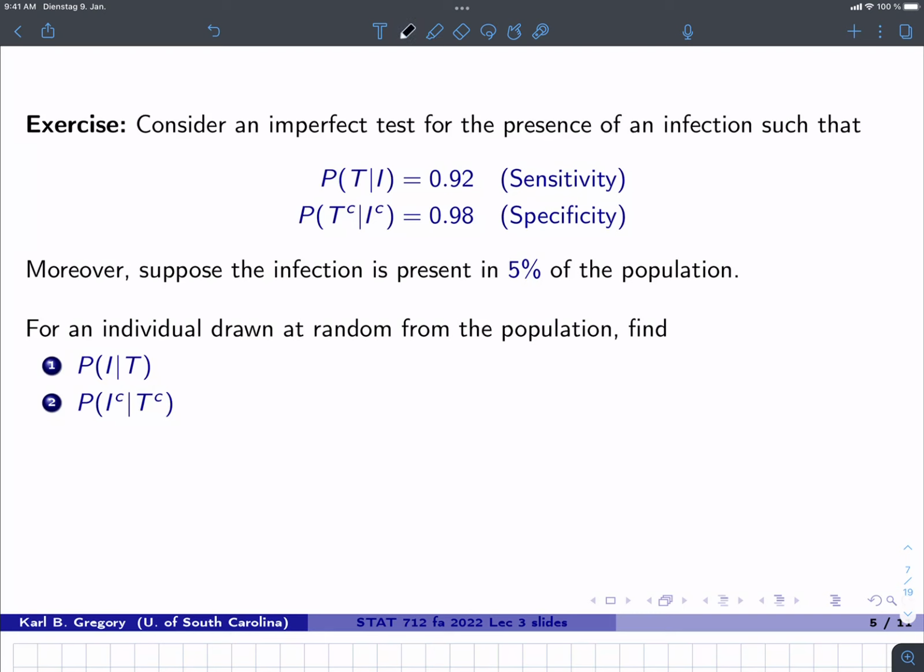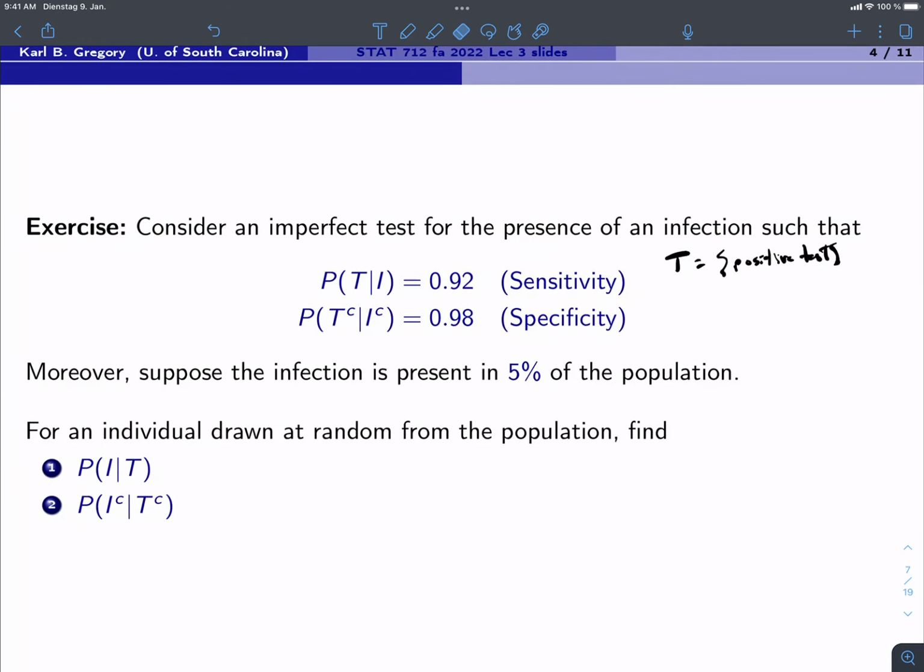So if I let I be the presence of an infection, and T is the event that you get a positive test. So I is infection, like the infection is present, and T is the event that you test positive.